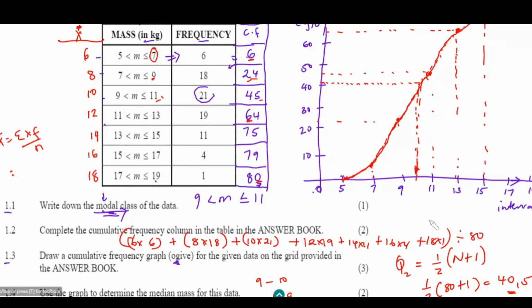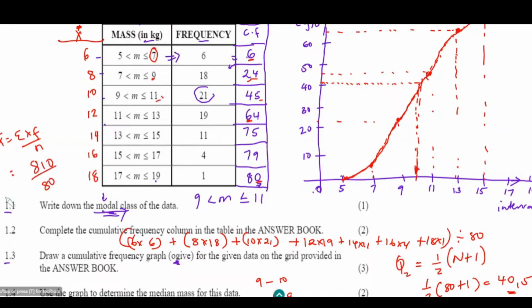So 6 times 6 plus 8 times 18 plus 10 times 21 plus 12 times 19 plus 14 times 11 plus 16 times 4, then plus 18 times 1. So I get a total of 810.